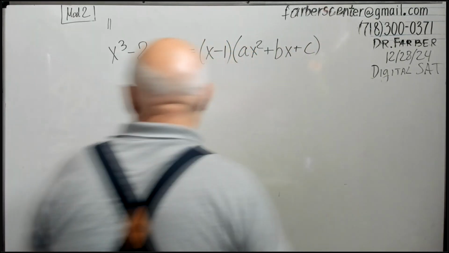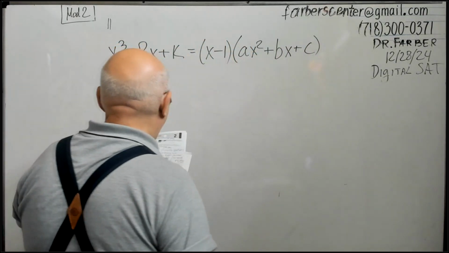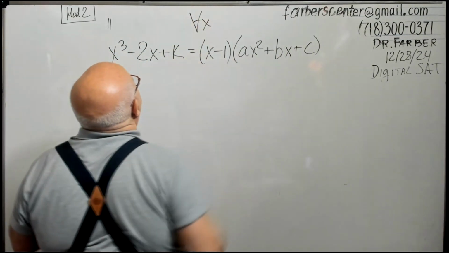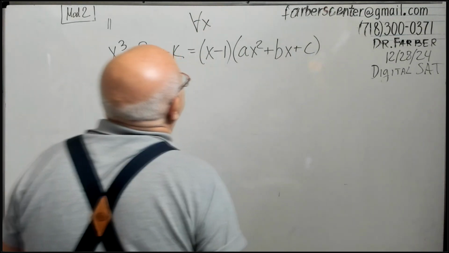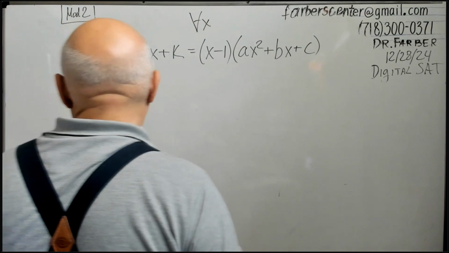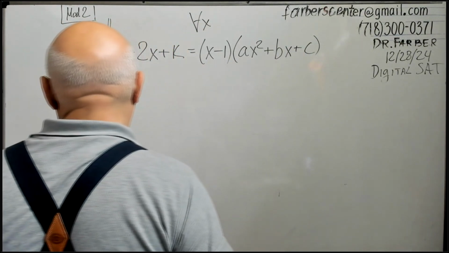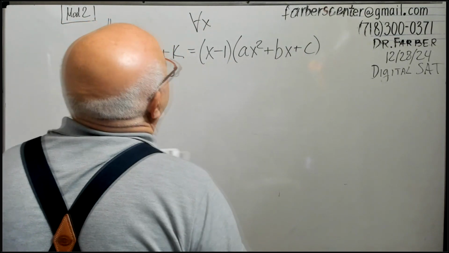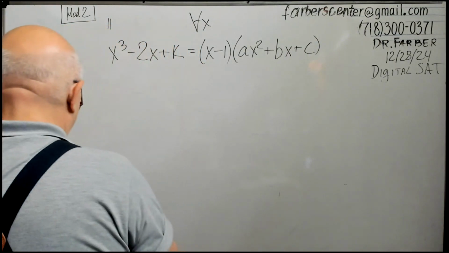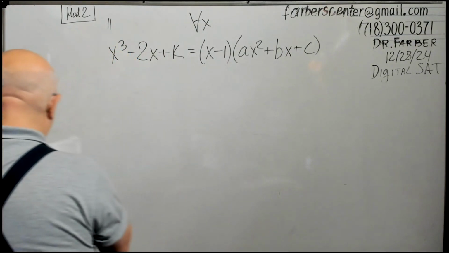A, B, C are constants, and it's true for all values of x. What is the value of c for all values of x? A is not given here.